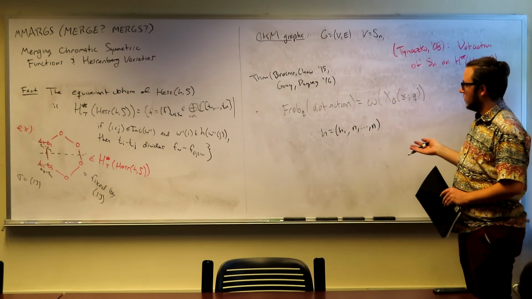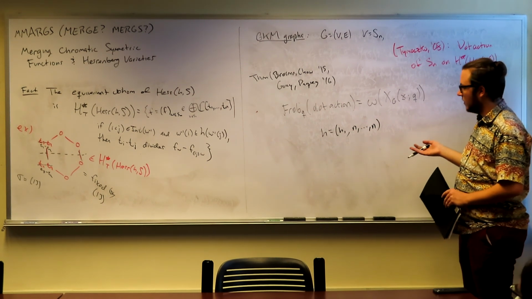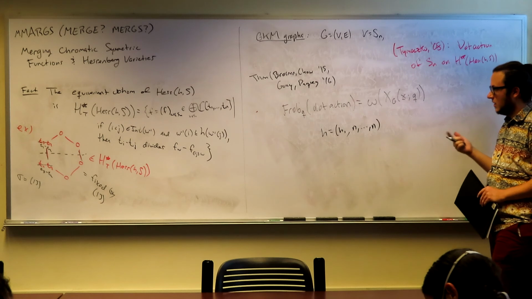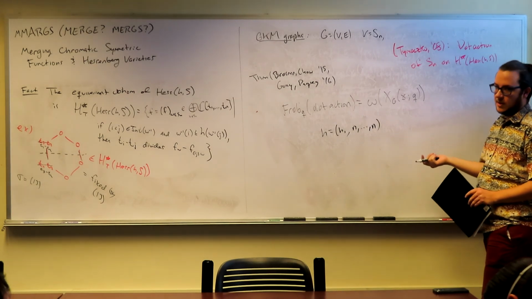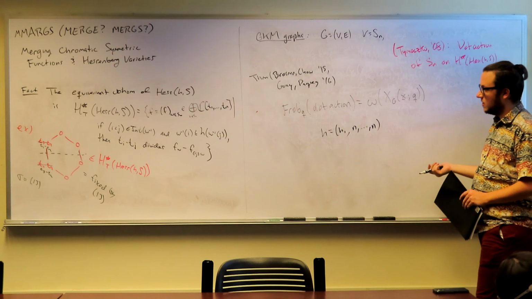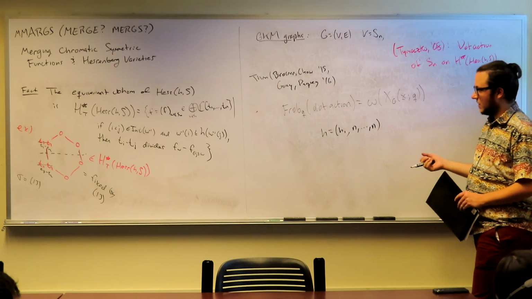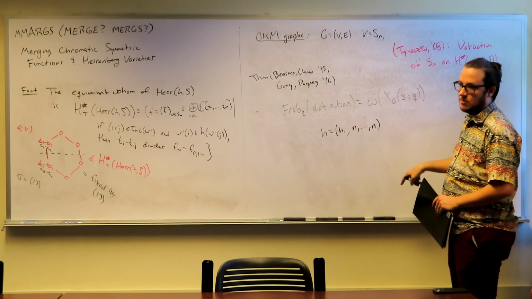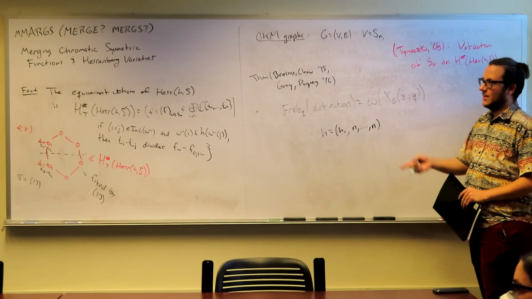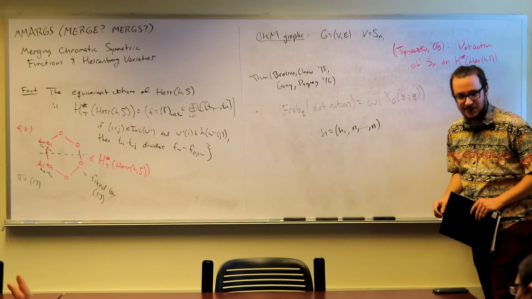They gave generators for the ideal, since it's a quotient ring of a polynomial ring, and they gave a basis for the space. They said, now that we have these basis elements, we can look at the representation. What I've been working on is finding a better basis so that the representation of Sn falls out more nicely. I think that's my time, so thank you.